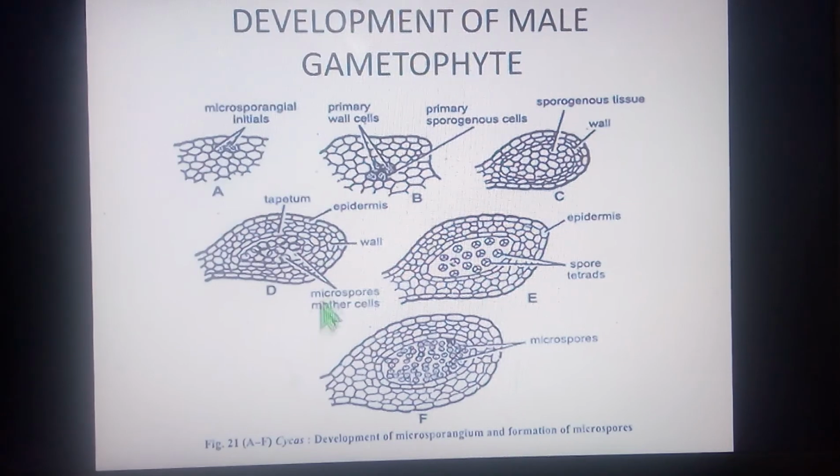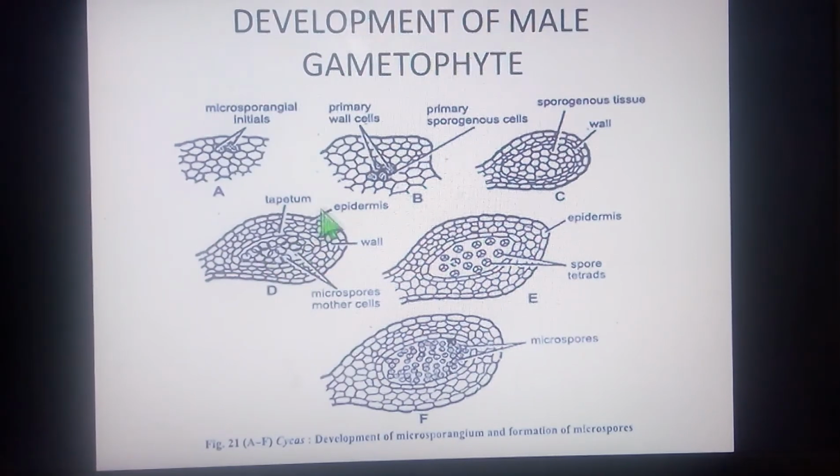Last time I discussed the development of the microsporangium and how each of these microspore mother cells divides to give rise to the spore tetrads, which give rise to microspores. So there are a lot of microspores produced inside the microsporangium.